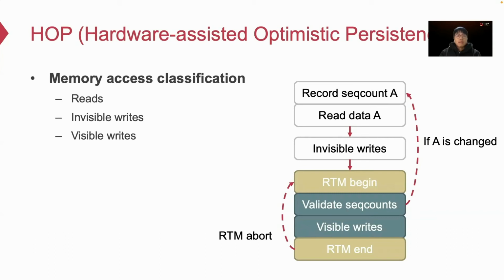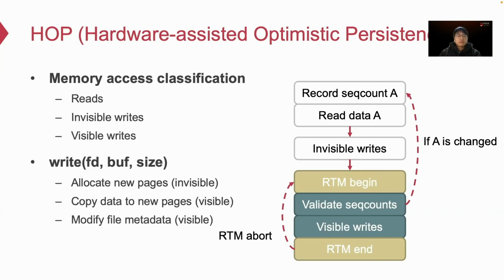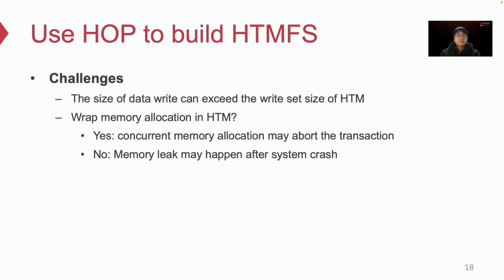When joined together, these small pieces will perform similar to a single huge transaction, which is similar to transaction chopping. For example, a write file system call may allocate new pages, copy data to new pages, and modify the metadata in sequence. Each step is able to be classified according to these roles.